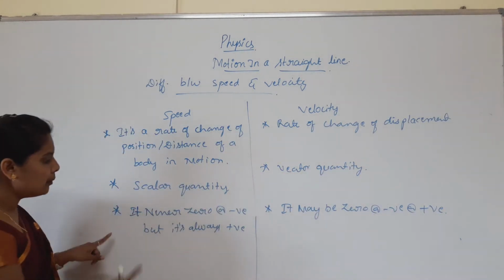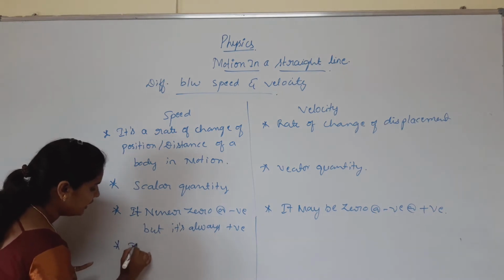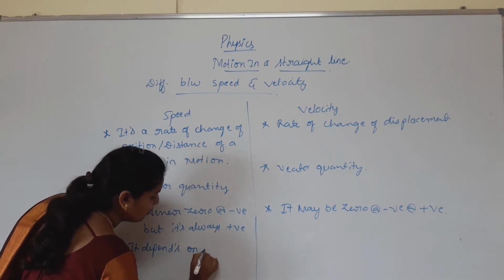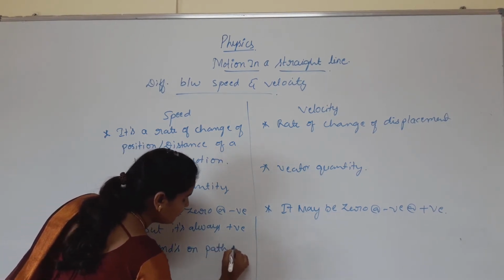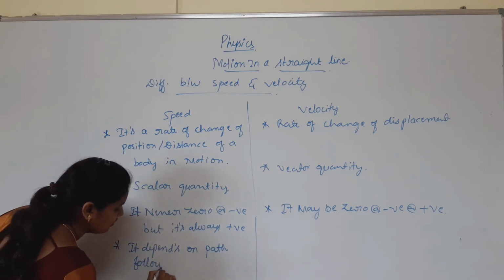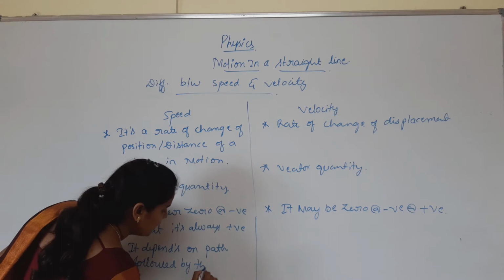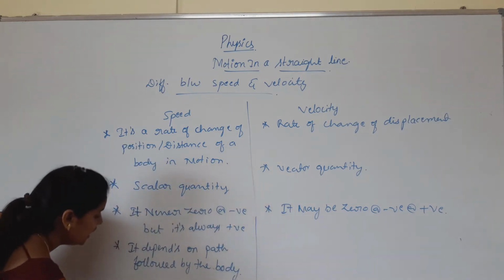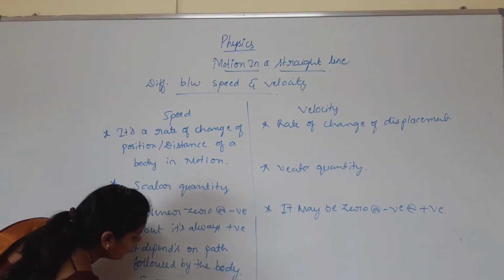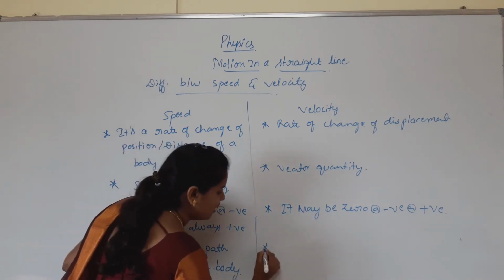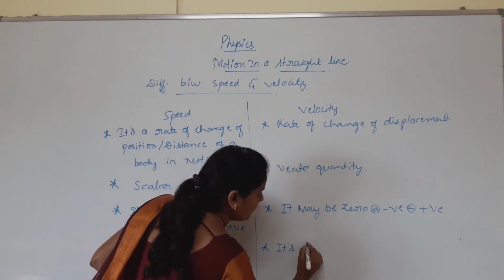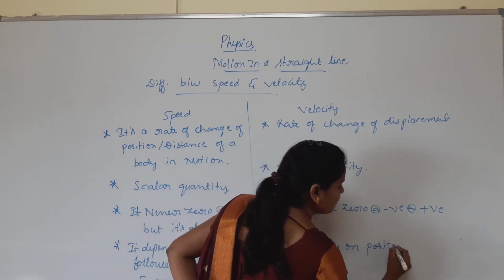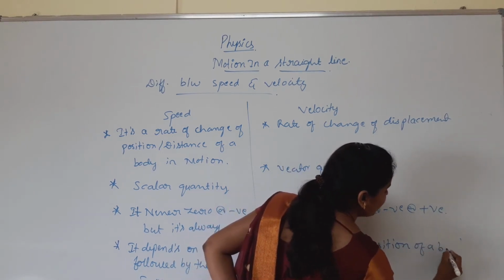Speed depends on the path followed by the object or body in motion, but velocity depends on the position of a body during motion.